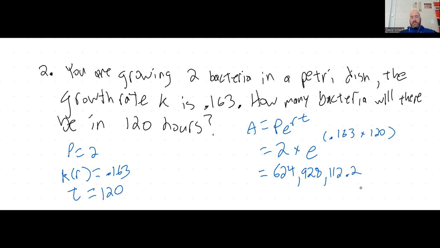I'll put the 0.2 because that's what's in the calculator. So roughly 625 million, just under that, bacteria. So we've gone from 2 bacteria to 625 million bacteria in 5 days. I wasn't trying to get a number that high, but that's pretty gross, right?